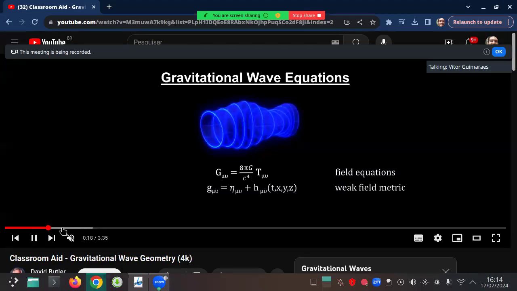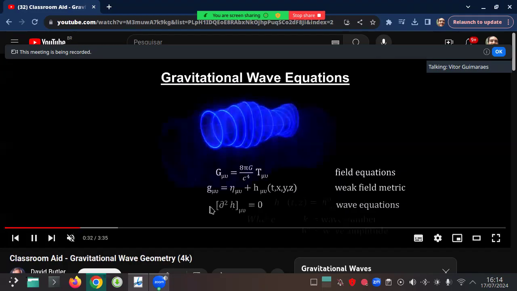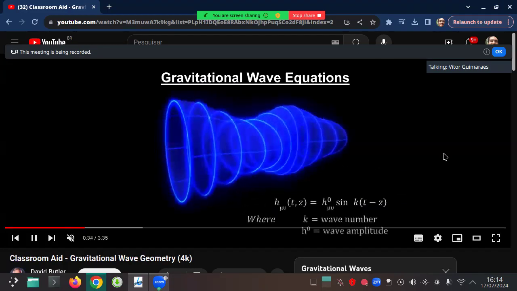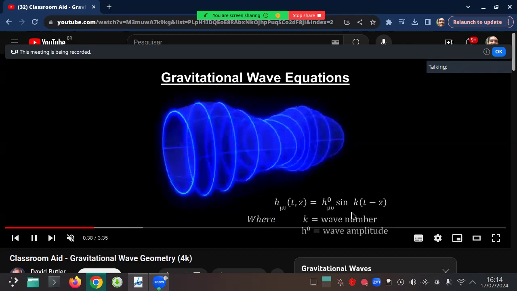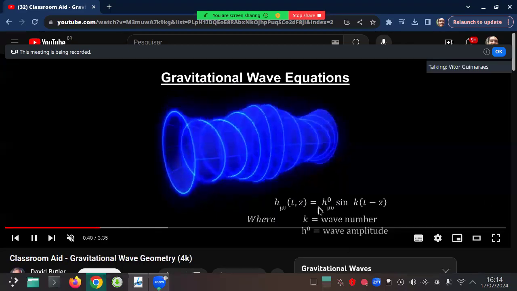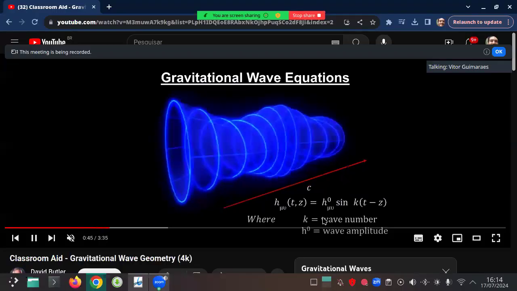So here, he's doing exactly what we did yesterday. This is basically the wave equation. Here he states that k is the wave number, h0 is the amplitude, which we called h plus and h cross, for the polarizations.